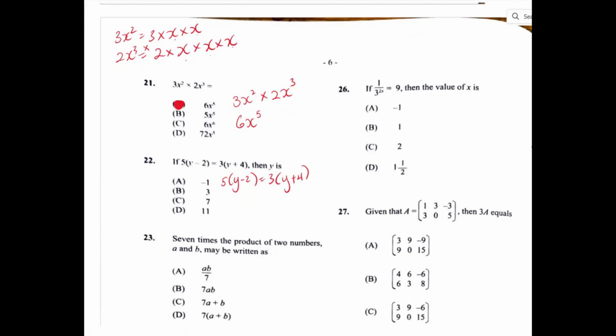So let's solve. 5 by y is 5y. 5 twos are 10. 3 by y is 3y. 3 fours are 12. 5y, you bring the 3y across, you take away because this was positive. You bring the 12 down and then you carry the negative 10 across as plus 10. 5 take away 3 is 2, 12 and 10 is 22. y will be equal to 11 because 22 divided by 2 is 11.